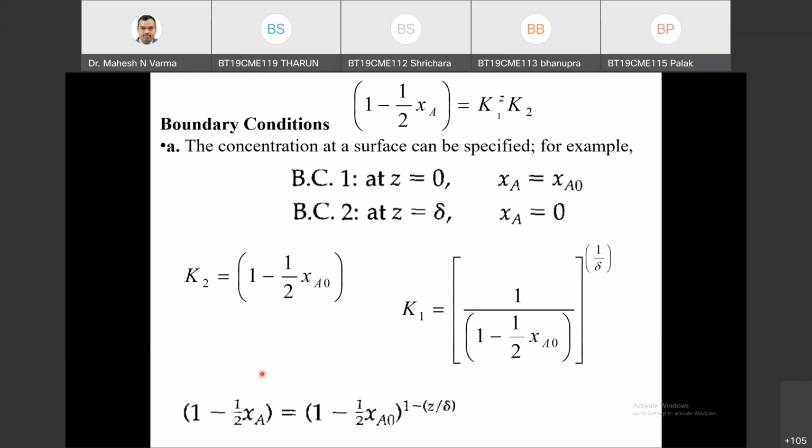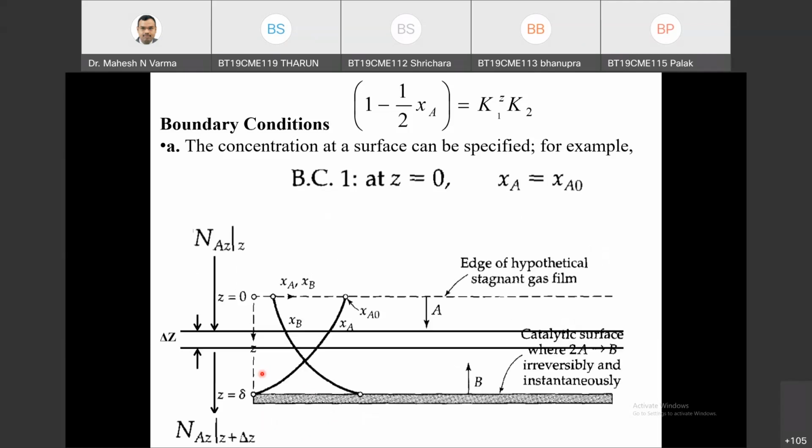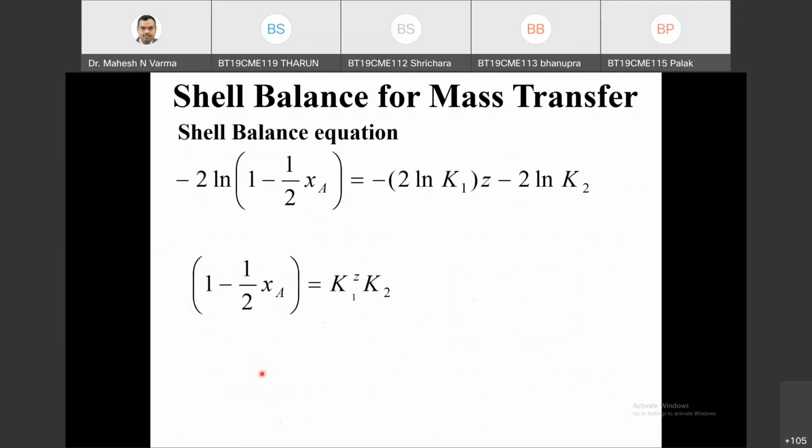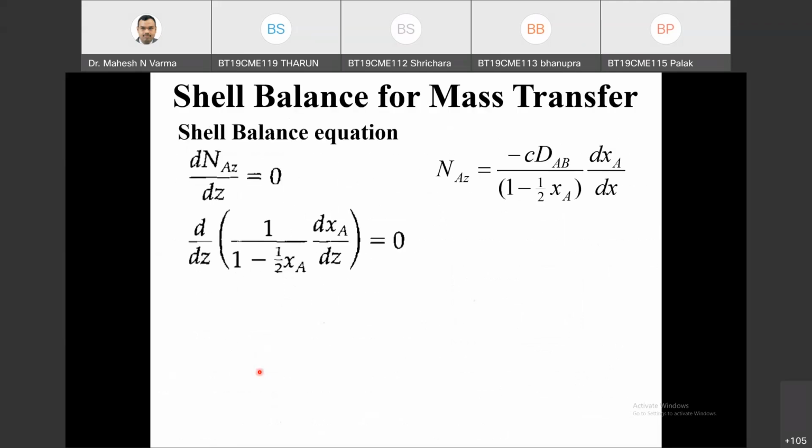Now you can get a flux profile. How to get a flux profile? If you go back, NAZ equals minus C DAB, 1 upon 1 minus half XA, dxa by dz.